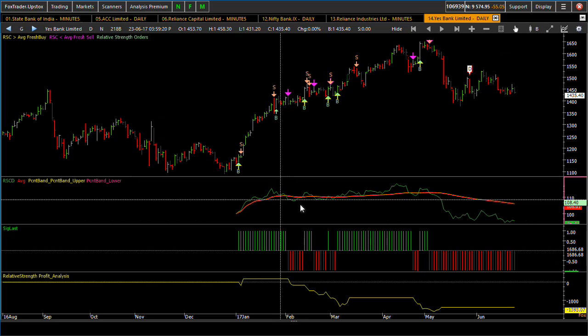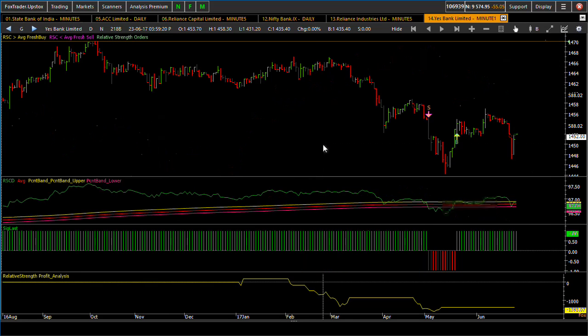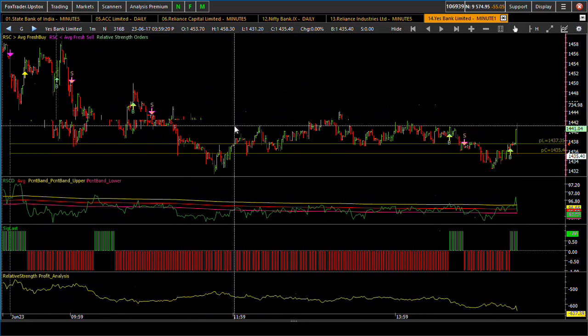So if it is above 105, I would go long into that particular stock, and if it goes below 95, I would go short. This is the way you can run stock based comparison, plot buy sell signals on them, and again take it for trading using our system. The same thing can be done on an intraday chart as well.